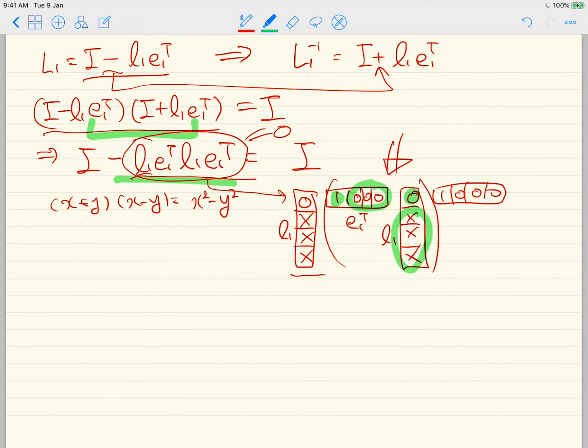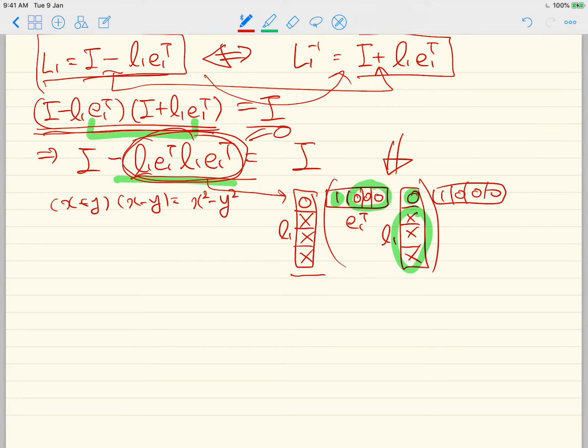So we now easily proved this guy is 0, and thus the product of these two will be this identity matrix. Okay, so we proved the inverse of this matrix is represented as this, right?